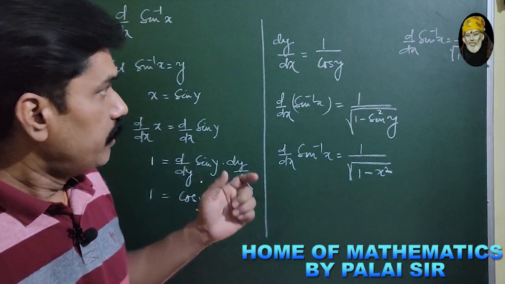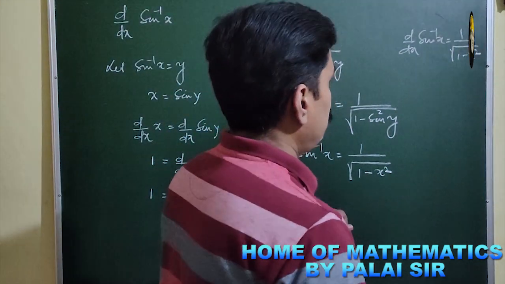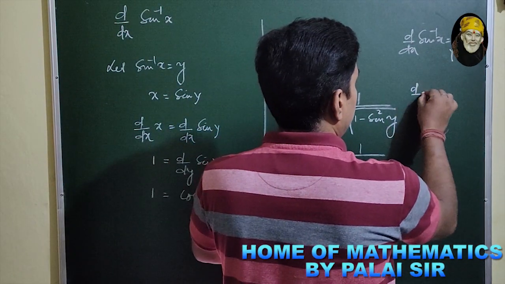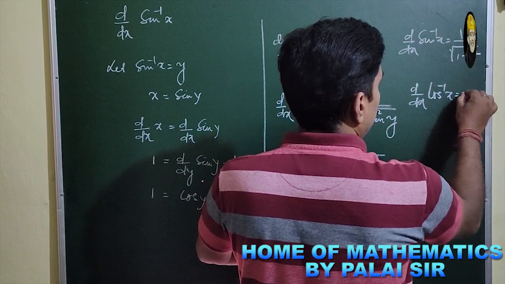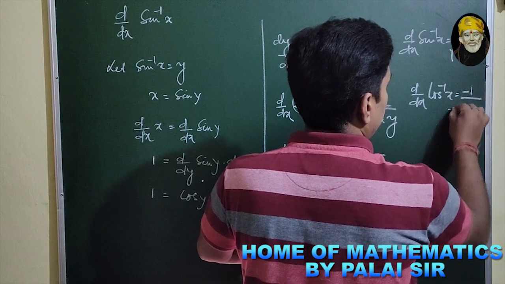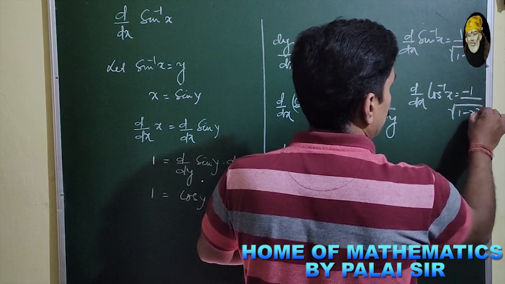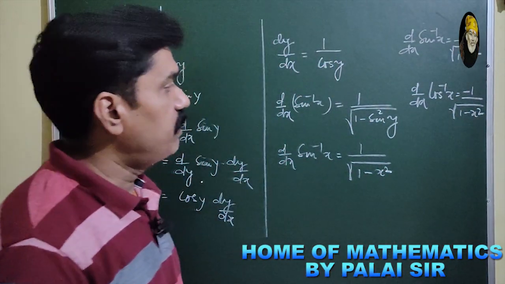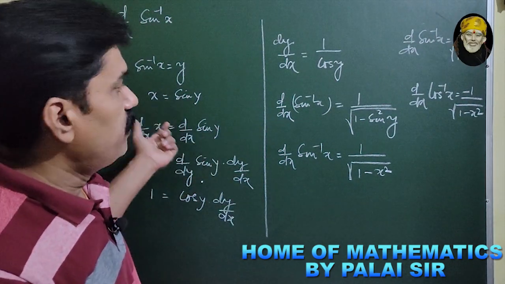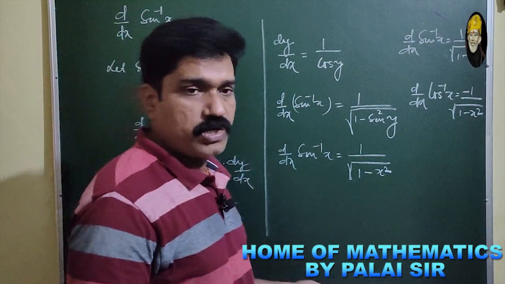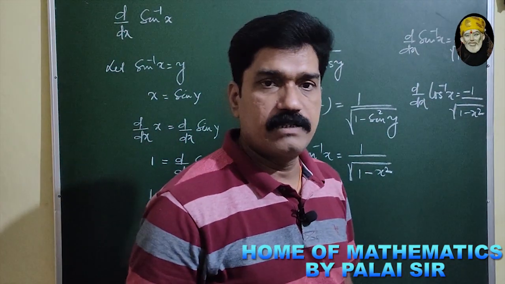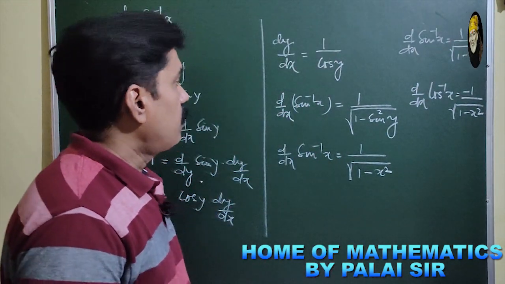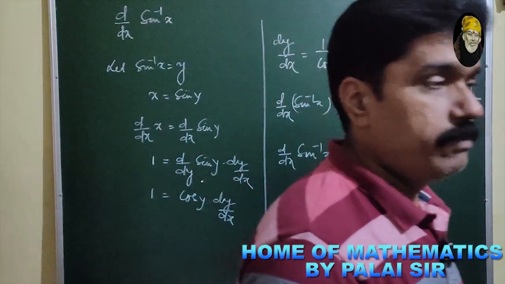Similarly, derivative of cos inverse x, what will you find? dy/dx of cos inverse x will be minus 1 by square root of 1 minus x square. Cos inverse x का derivative इतना आएगा. By the same process, you can obtain the derivative of cos inverse x. Clear? Next हम tan inverse x का derivative निकालेंगे.